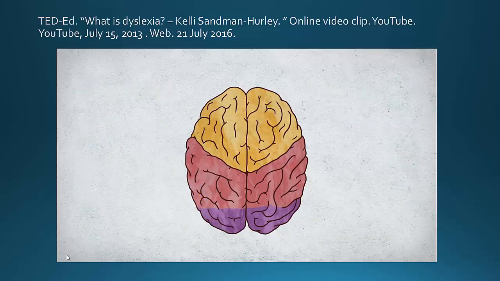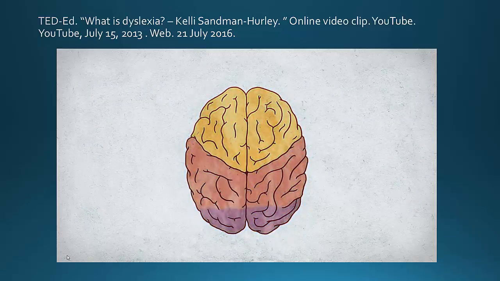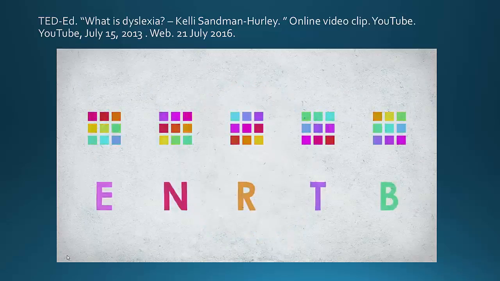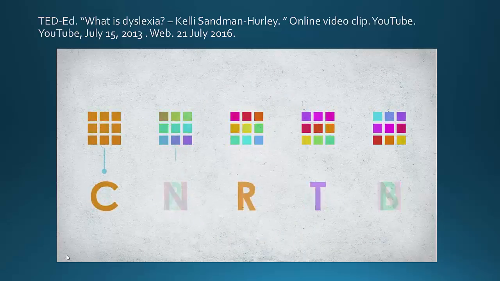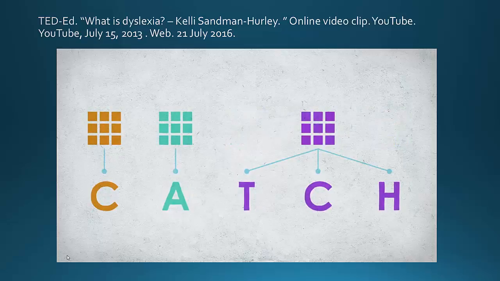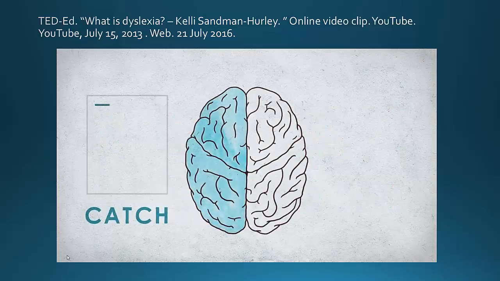But those with dyslexia can physically change their brain and improve their reading. With an intensive multisensory intervention that breaks the language down and teaches the reader to decode based on syllable types and spelling rules, the brains of those with dyslexia begin using the left hemisphere more efficiently while reading, and their reading improves.